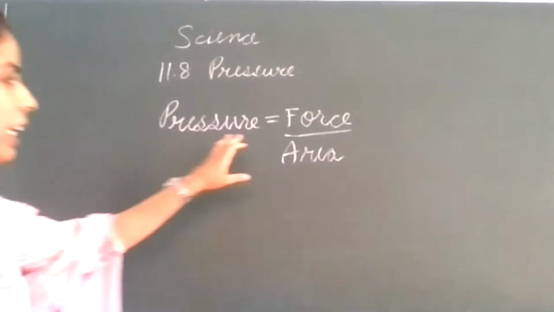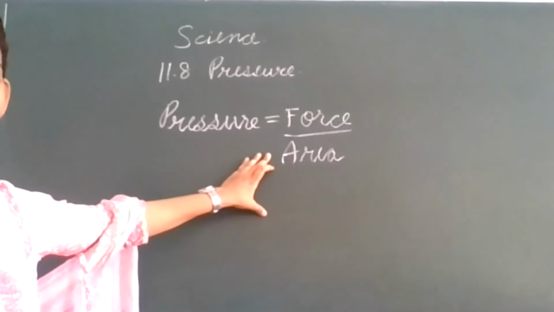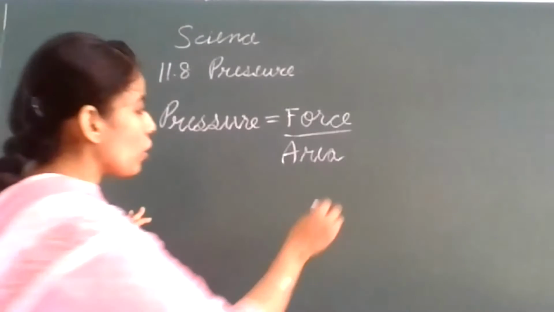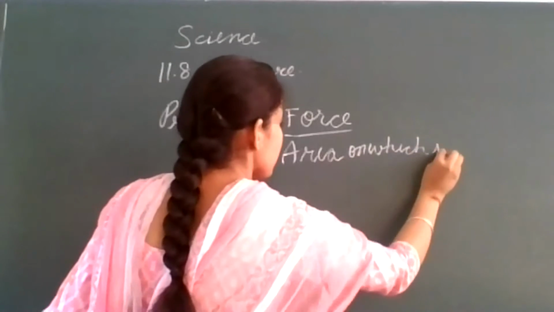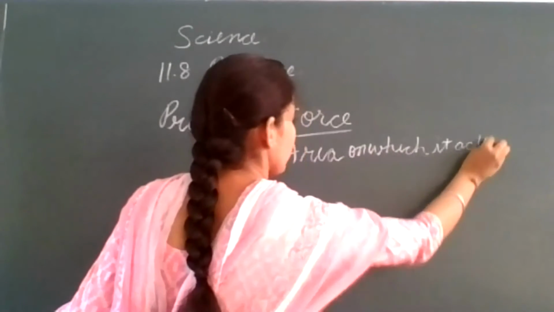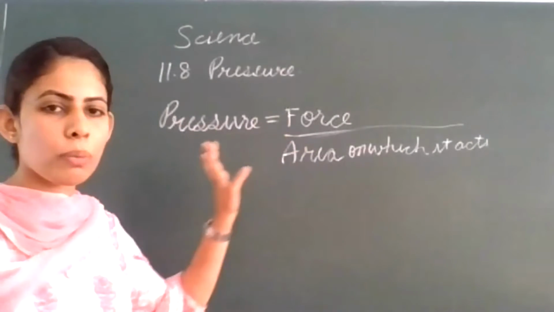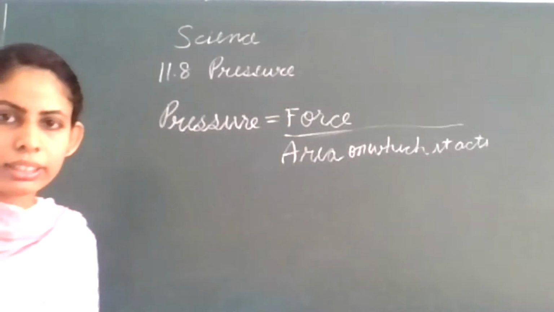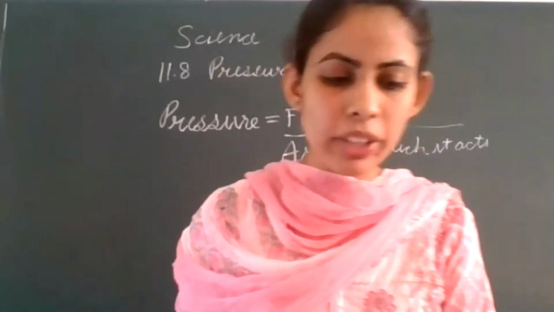The force acting on unit area of a surface is called pressure. Or you can write pressure is equal to force upon area. Clear?